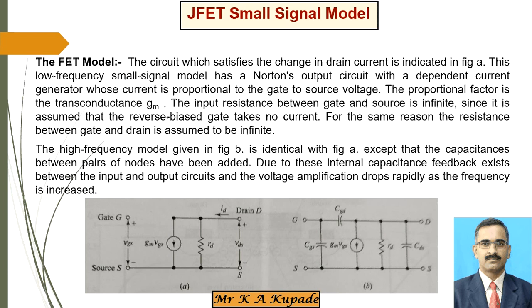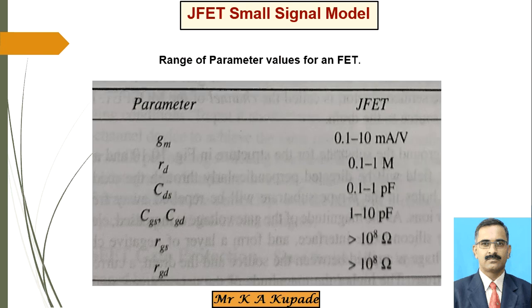Got this? This is the FET model. By considering that model, here I displayed some range of parameters of the FET. The transconductance gm varies from 0.1 to 10 milliampere per volt.